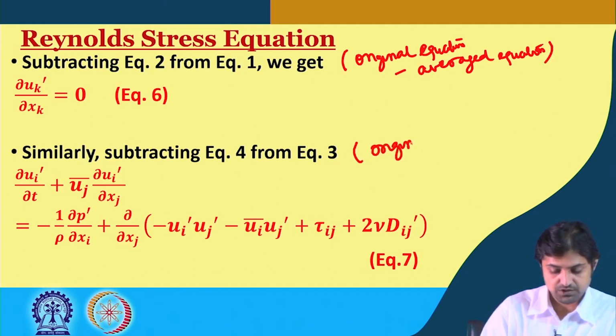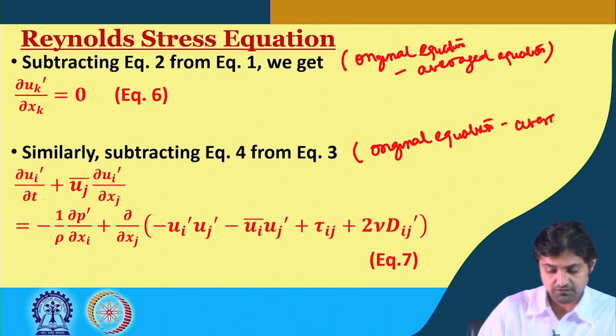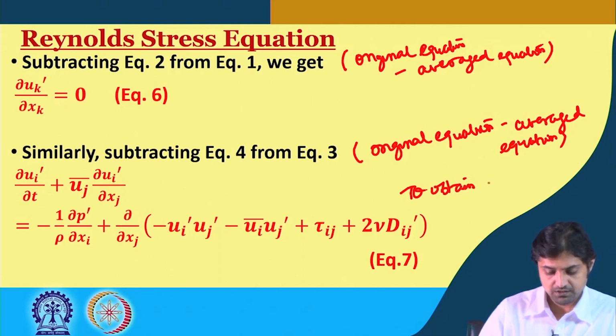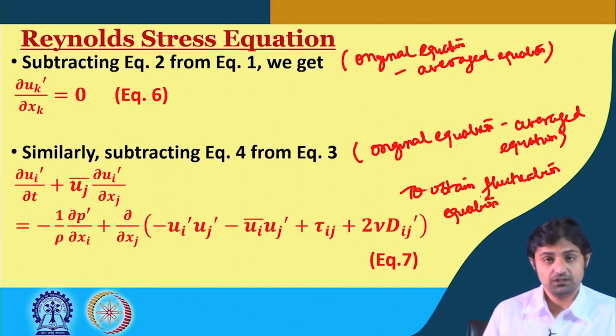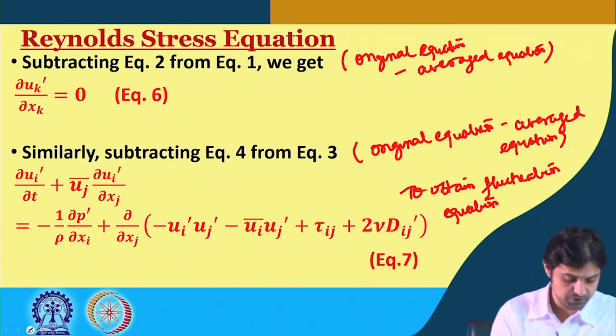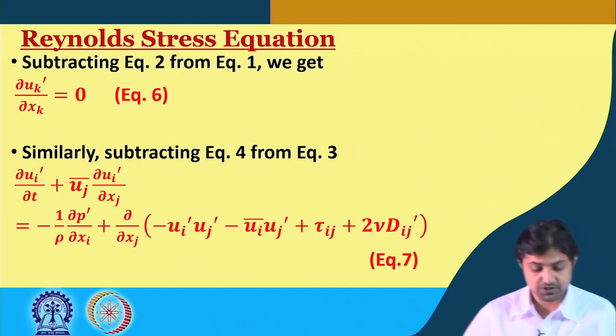Same here, original equation minus averaged equation. And why do we do this? To obtain fluctuation equations.